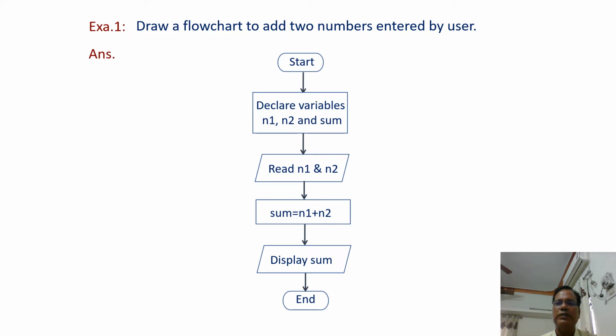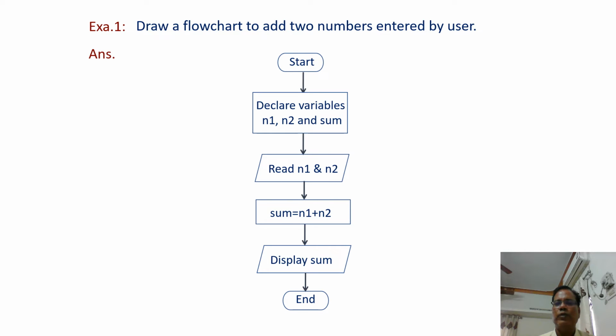So a flowchart is given here for getting the data and finding their sum. Using different symbols, different graphics of the flowchart, we prepare the flowchart. For start and end, the oval graphic is used, and for process, that is when we have to declare the variable and find the sum of the data, the process is represented by the rectangular box.